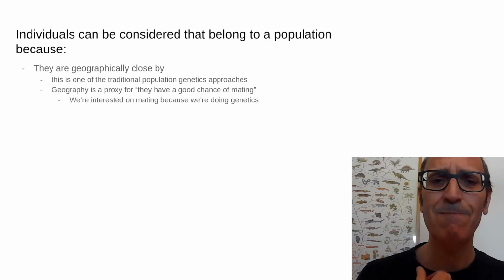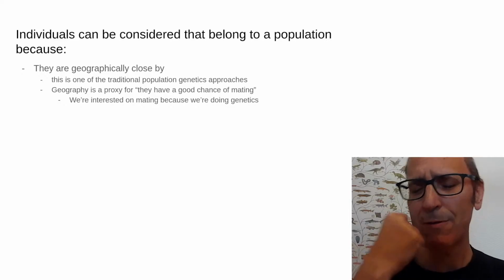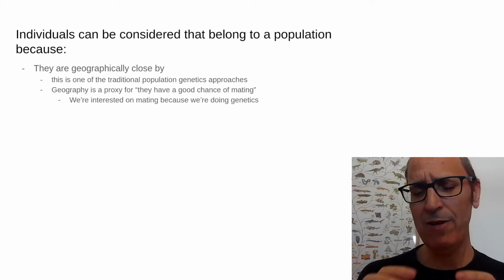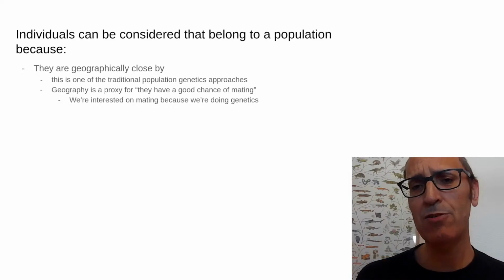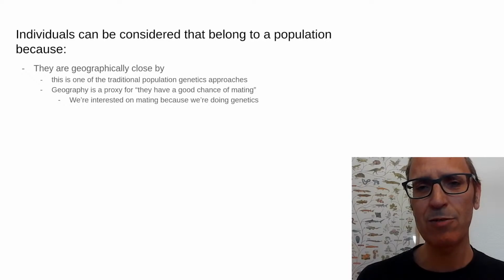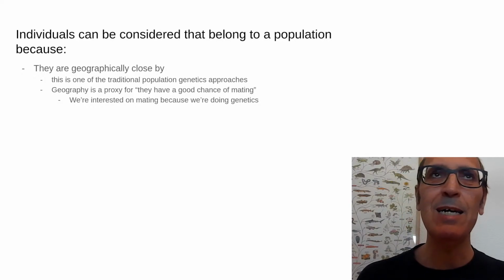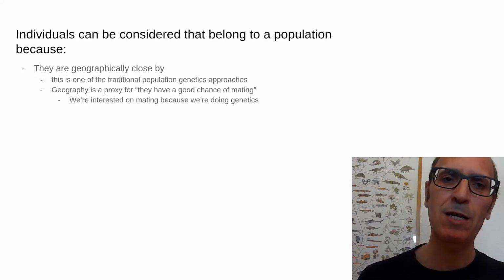Well, mainly because if they are geographically close, they have a chance of mating. Of course, mating is very important for genetics. So this is one thing to take into account, okay? One characteristic, geography, where the individuals were located.